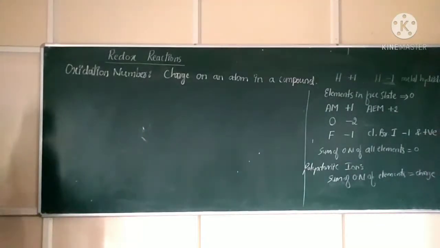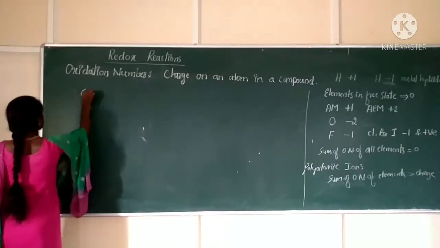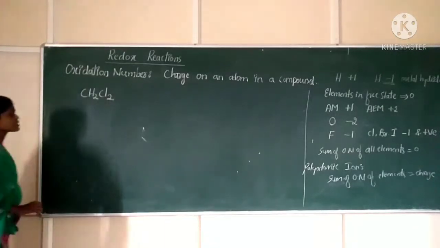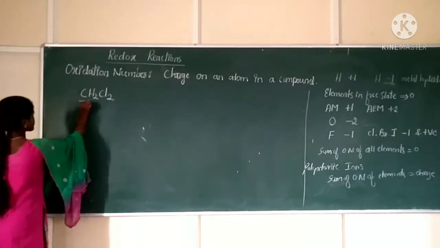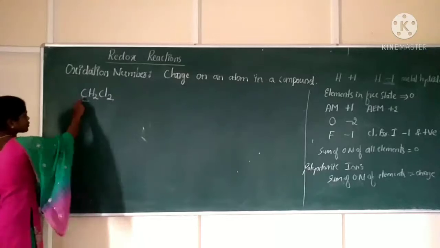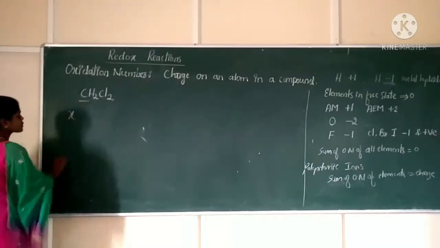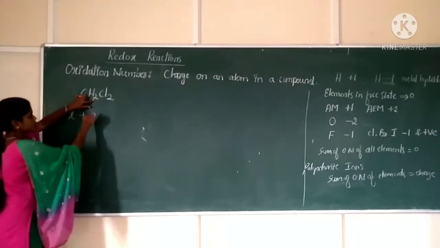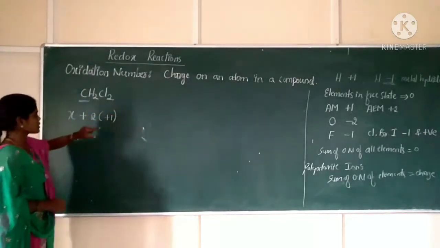Next we will discuss some more examples in this class. Next example, CH2Cl2. Find the oxidation state of carbon. We don't know it, so take it as X. 2 hydrogens, 2 into +1, since hydrogen is +1.